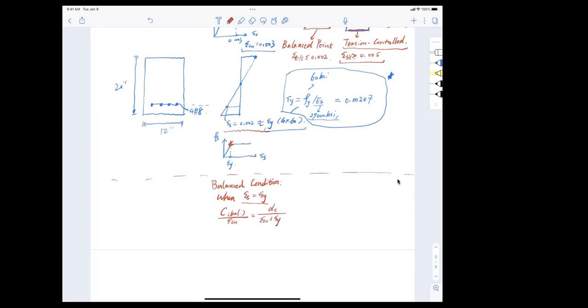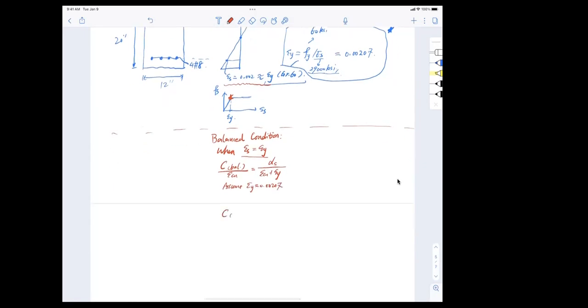Then you do a calculation. You assume epsilon y equals 0.00207. Then C at the balanced condition divided by d equals 0.6. That means 60% of your section is in compression almost. 60% of your section is in compression when you reach the balanced state.